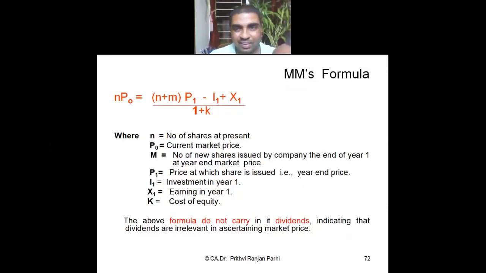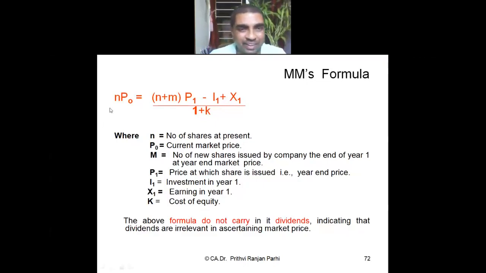This is how Modigliani and Miller have derived that NP0 is equal to M plus N, old shares plus new shares, into their price minus investment required plus earnings made. In this particular equation, are you finding dividend anywhere? We started with no dividend, and now is dividend there? No, sir. So they say dividend is irrelevant.